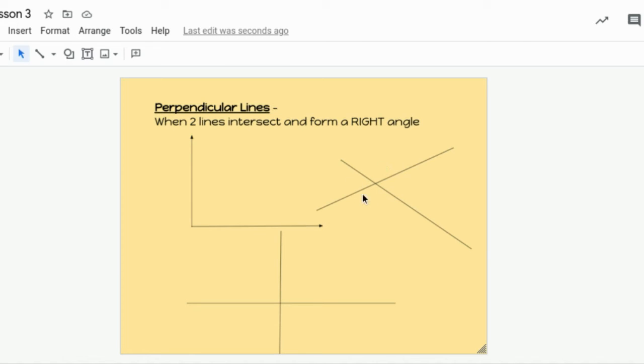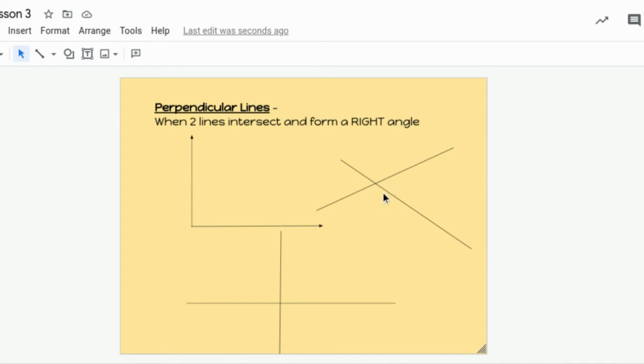So these lines are not perpendicular because they don't cross and form a 90-degree angle. Whereas these lines, they do. Look, there's 1, 2, 3, 4 ninety-degree angles. There's not a one of that perfect L shape here. This one's an obtuse angle. That's an acute angle. This one's an obtuse angle. That's an acute angle. So this one, no. Those lines are not perpendicular. Again, they have to cross and form a 90-degree or right angle.